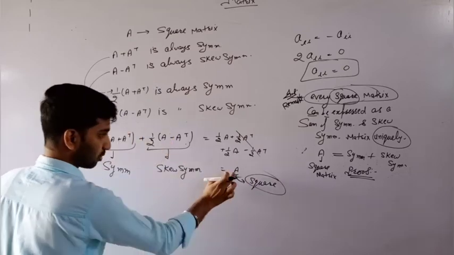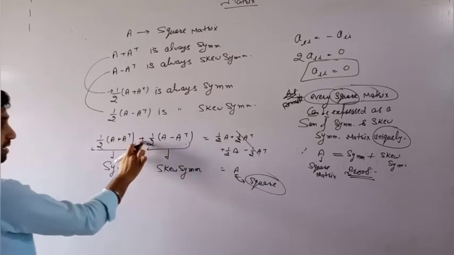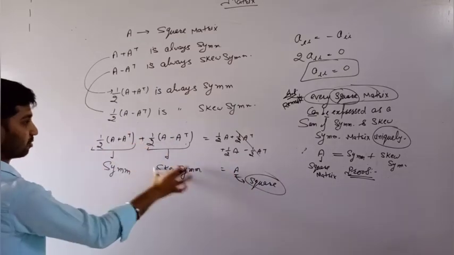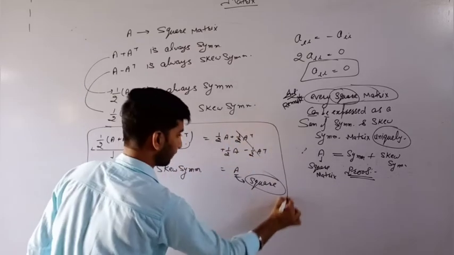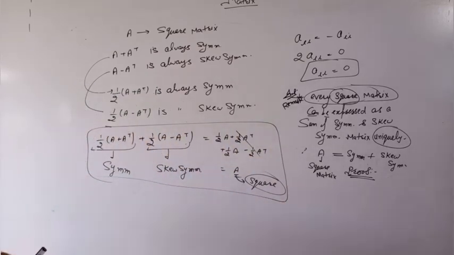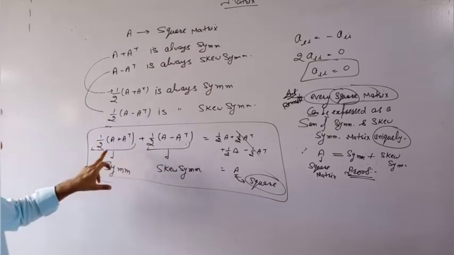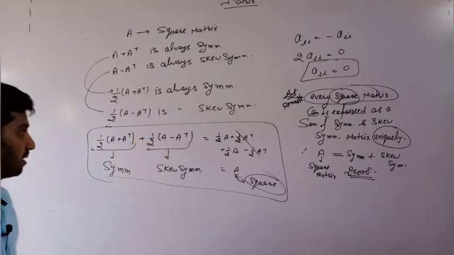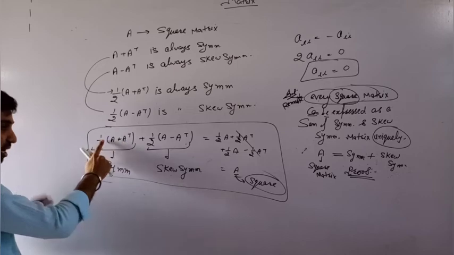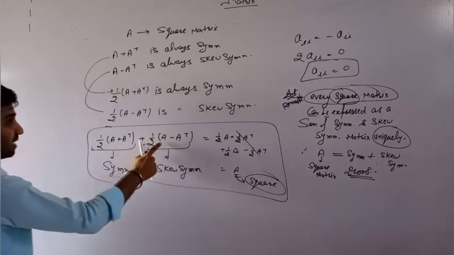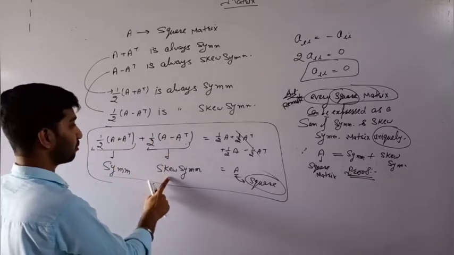So a square matrix A can be represented as a sum of a symmetric and a skew symmetric matrix. This is the formula for representing a square matrix as such a sum, in which half of A plus A transpose is the symmetric matrix and half of A minus A transpose is the skew symmetric matrix.